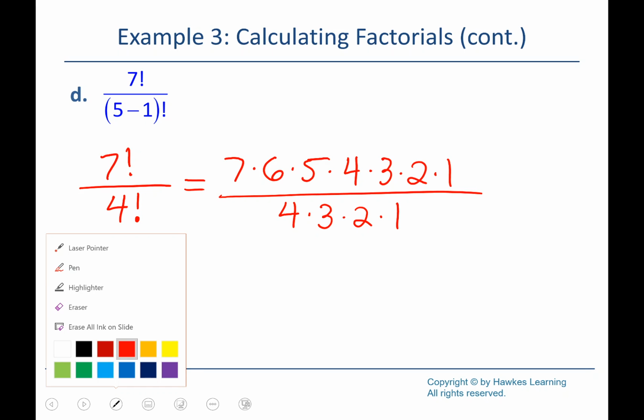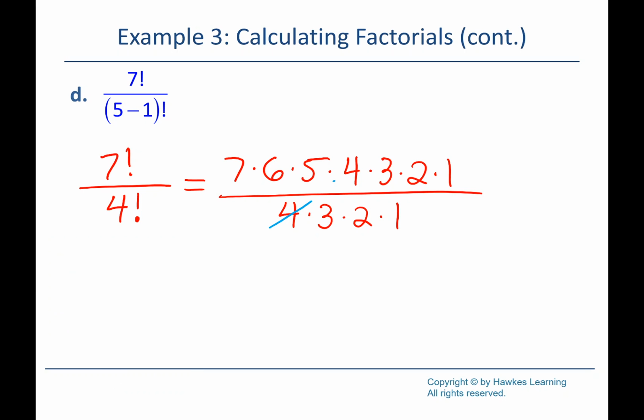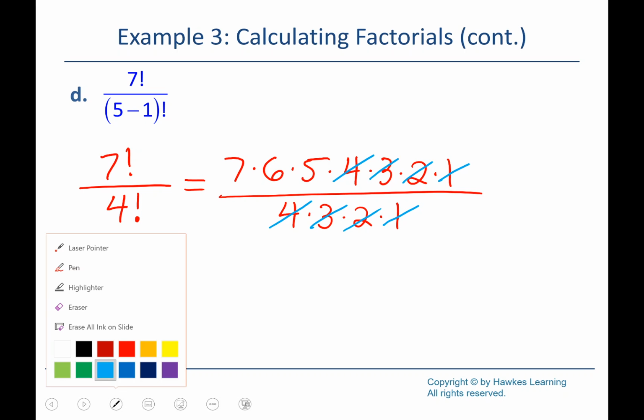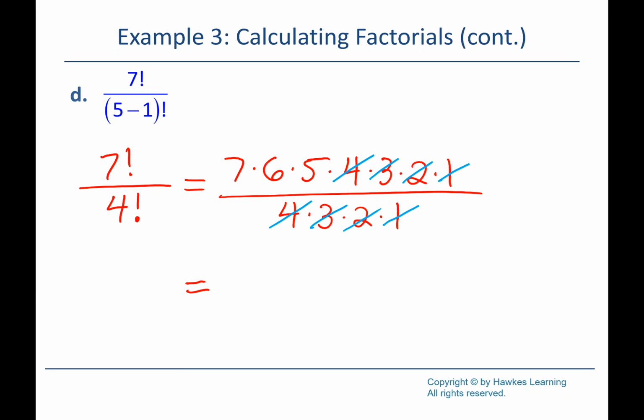So everything 4 or smaller cancels. So we just end up with 7 times 6 times 5. I think that's 210. Okay. If you have parentheses, just do that part first.